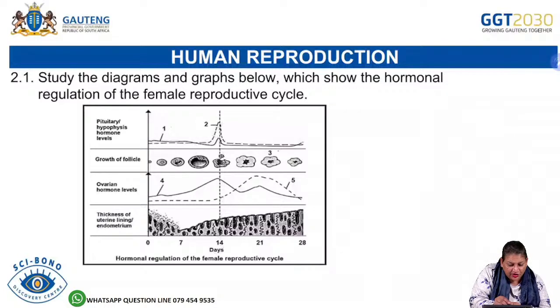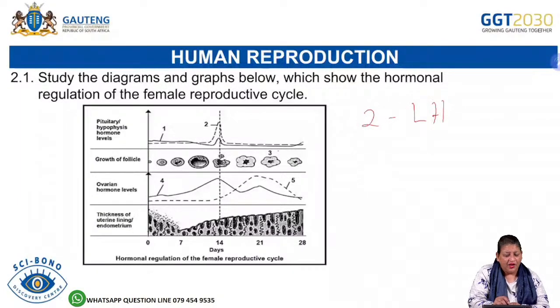So automatically you know that the one that peaks very high is number two, and that is going to be LH. So obviously the only other hormone released by the pituitary involved in the menstrual cycle is going to be what? FSH. So you put FSH, and what will that be? Number one.